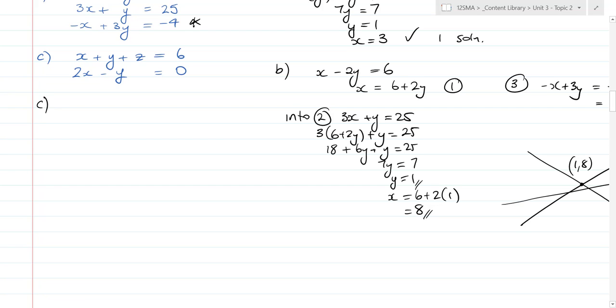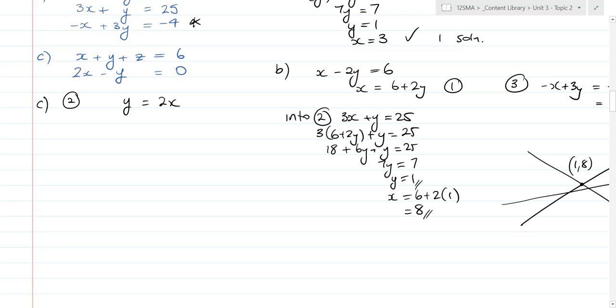C is a set of 2 relationships, 3 variables, so we can expect here for there to be probably no way to solve for all 3 variables, which means you have infinite solutions. So in question C, number 1, actually number 1's a bit harder, let's not do number 1, let's do number 2. In number 2, I get y is equal to 2x.